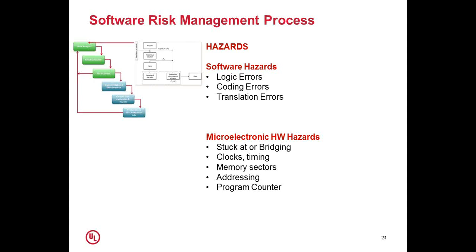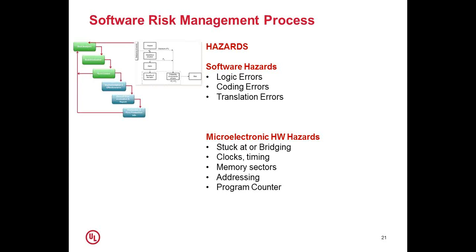A logic error is where we have written the code wrongly, or there is something wrong in the code itself. A translation error is where the user specification is translated into a program with assumptions and errors and a misunderstanding of the user requirement. So these are the software hazards.